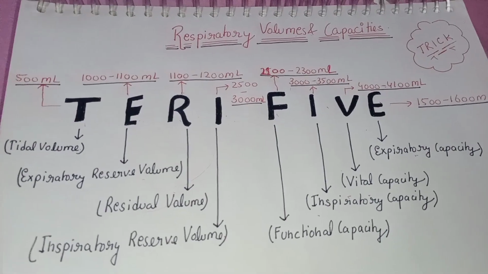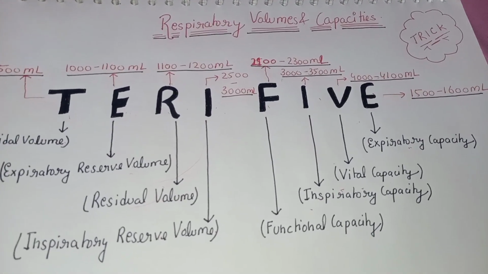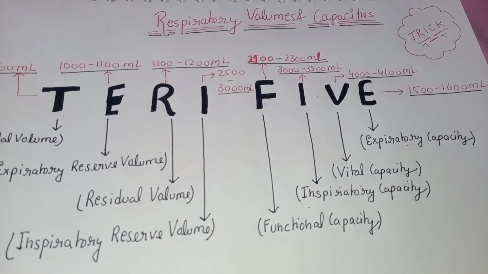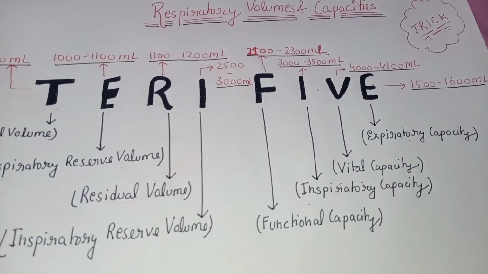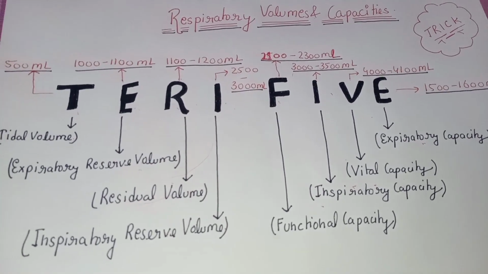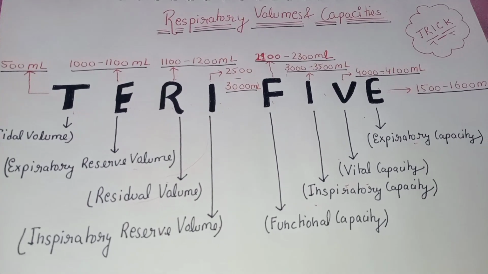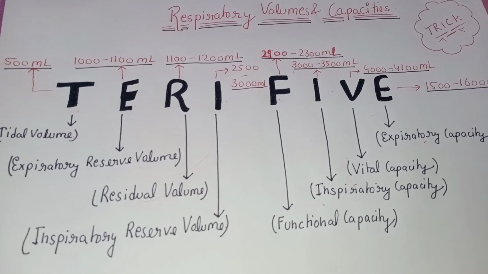So that is the trick, and in this trick there is one more important point: if you remember by combining how many volumes you will get the capacity, then it will be more beneficial.